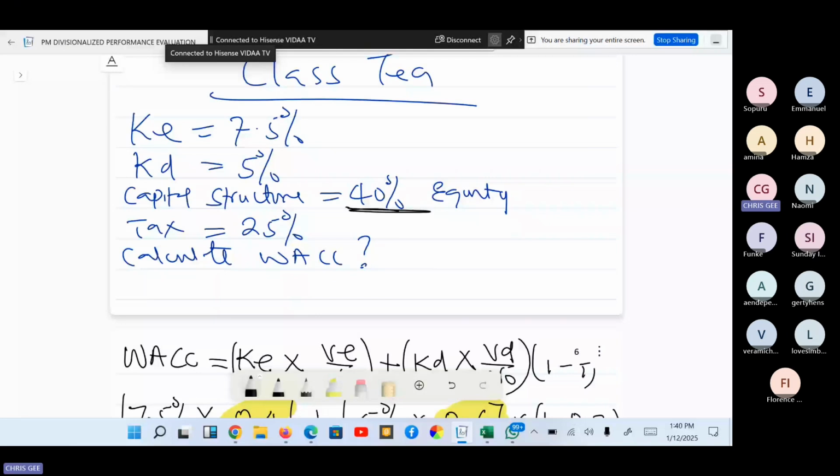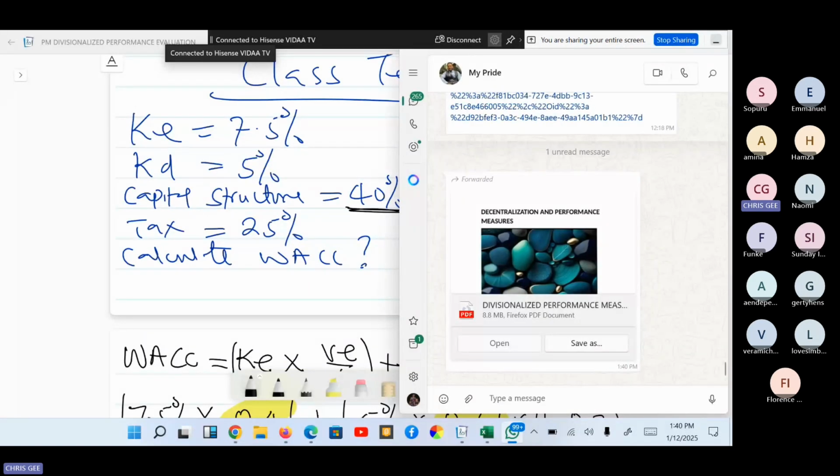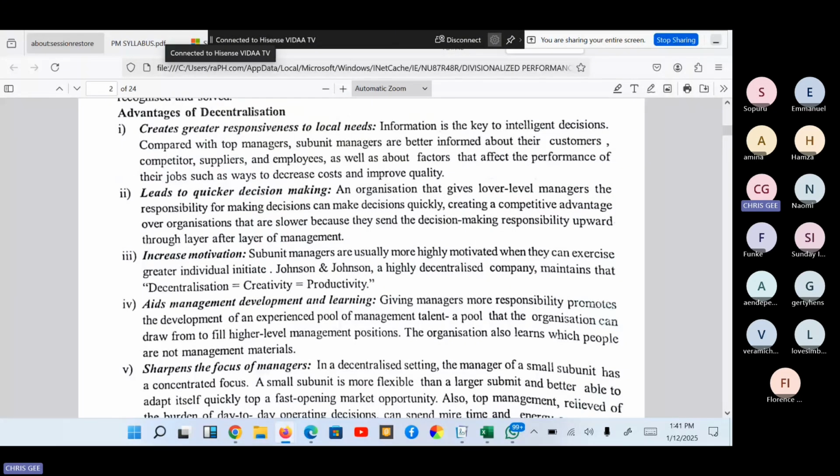Okay, so are we all on the group now? Who is not on the group yet? Now, all the notes we'll be talking about are compiled.